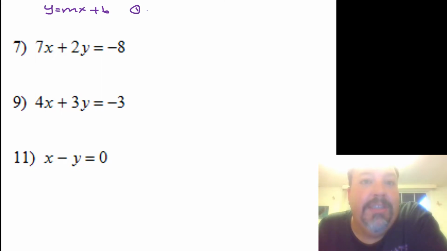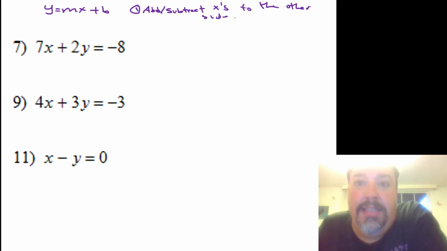So first step is going to be to add or subtract, usually subtract, but let's say add or subtract the x's to the other side. And then step 2 is going to be to divide by the coefficient of y.